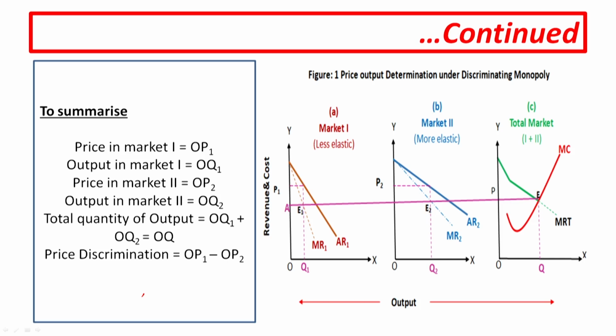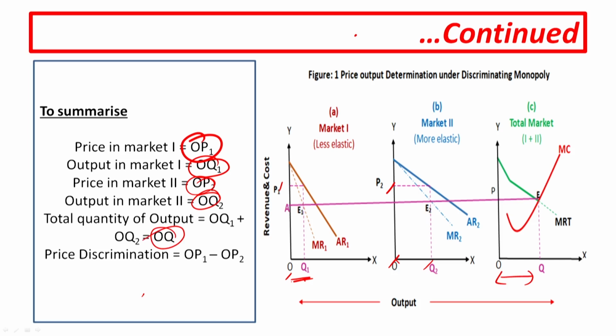The price in market 1 is 0P1, and the quantity is 0Q1. For the second market, the price is this much, whereas the output is this much, as you can see. The total output, you are going to add both the markets, and it will give you the quantity OQ. This is represented by this.